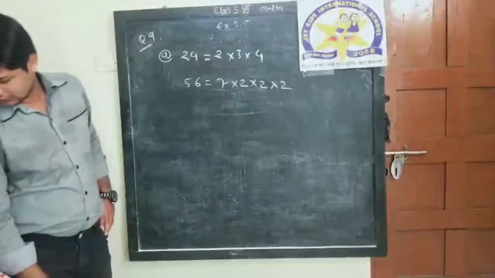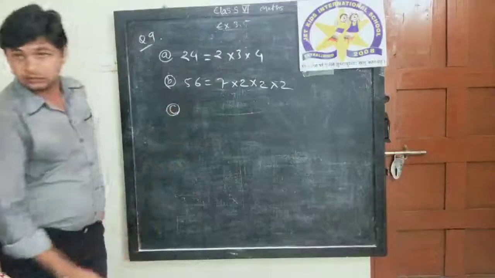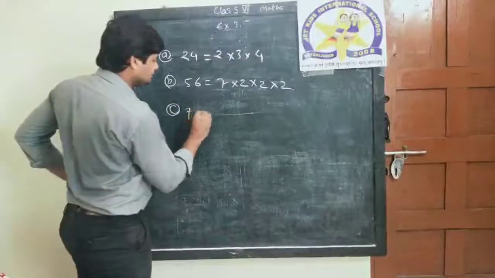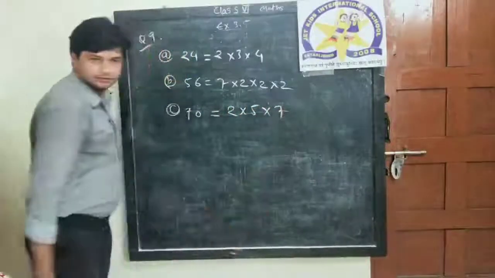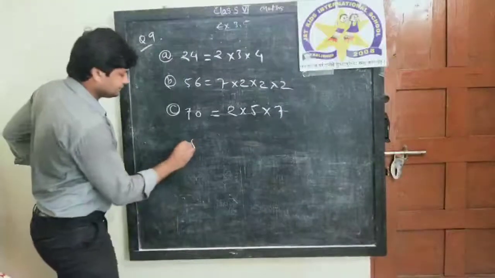Then C is 70, which is 2 times 5 times 7. Then D: 54 equals 2 times 3 times 9.